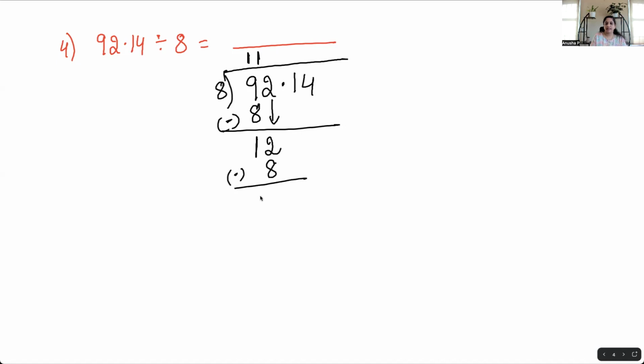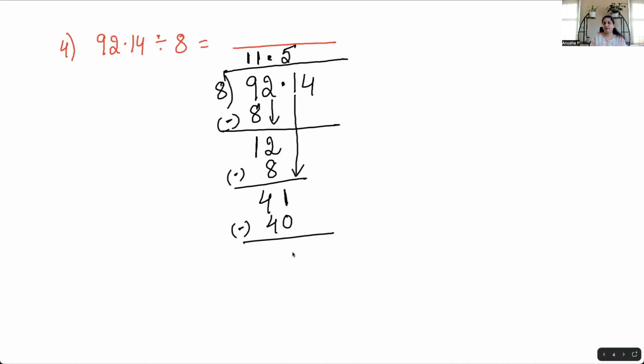So 12 minus 8 is 4. Because of the decimal point here, we will put a decimal point in the coefficient, because in the question we have 92.14. Because of the point here, we have to put a decimal point in the coefficient and bring the next number down, which is 1. 8 times 5 is 40.